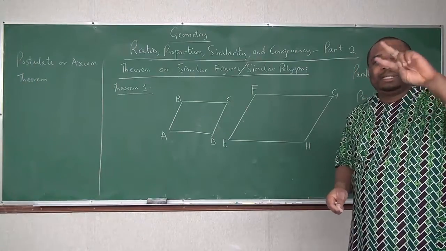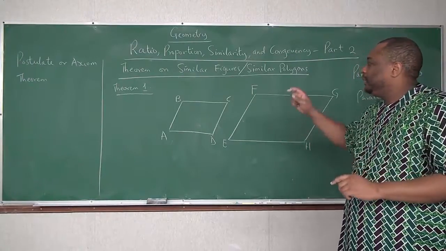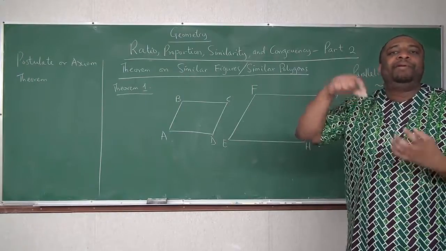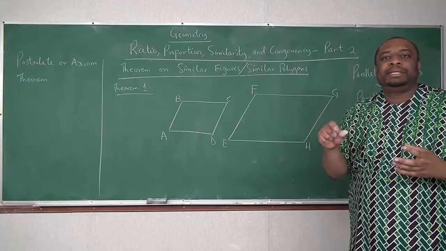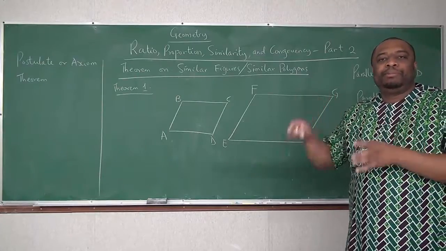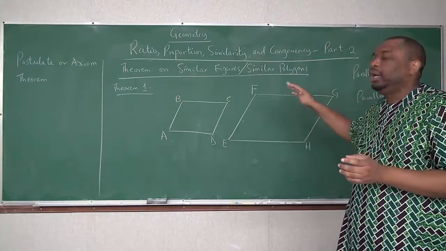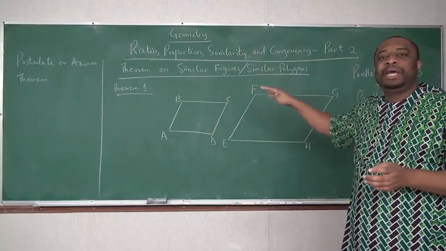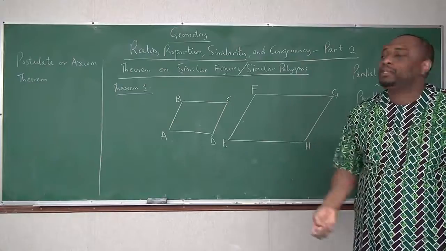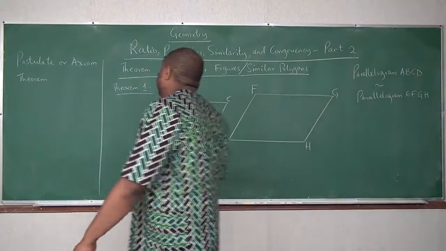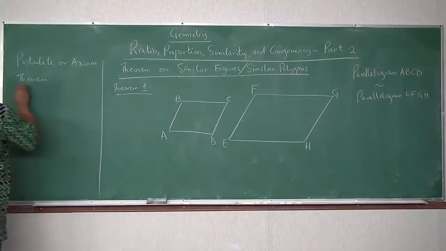If two polygons are similar, the ratio of their perimeters is proportional to the ratio of their corresponding sides, or you can say to the scale factor. Remember, we talked about scale factor, the scale factor between them.